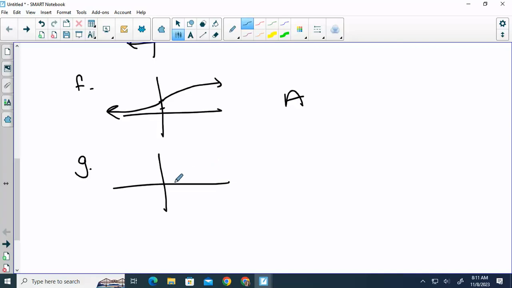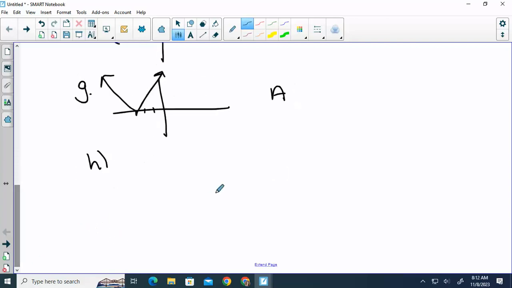What does the +3 do? So the domain of that, if you go from left to right, we're hitting everything.